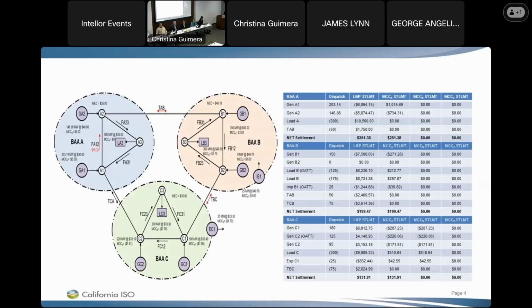And when you come into the market, you can designate which of those resources are actually serving your load, and therefore will balance across all of those generations to serve that load.